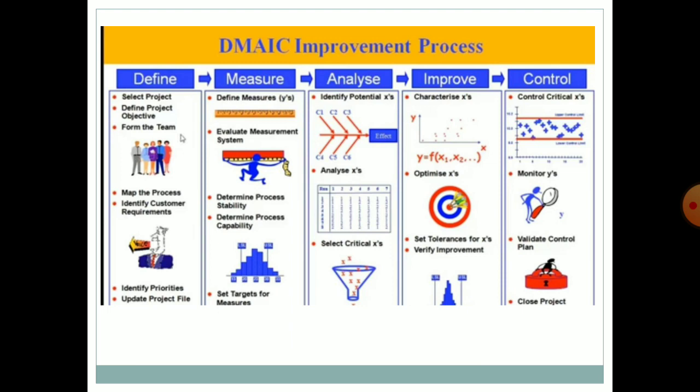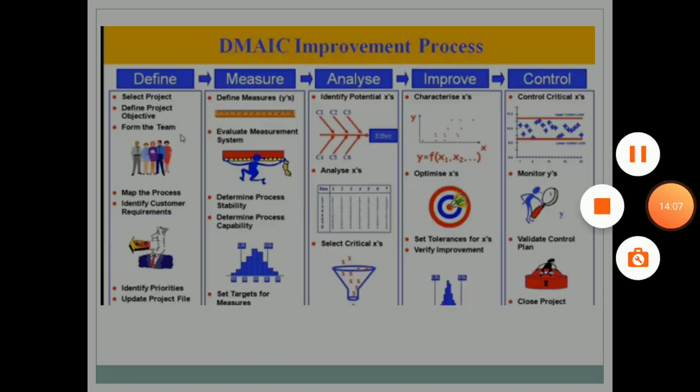What manufacturing produces goes to the assembly. So persons from manufacturing come into the Six Sigma team. So the purpose of the define phase is to select the particular project or process and form the corresponding team.